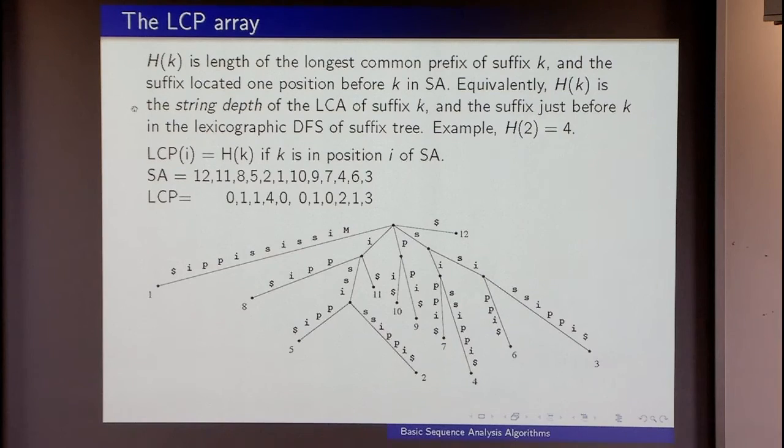I'll say it another way. I'm going to say this two or three times because it's the key thing. If you have the suffix tree, we get a suffix array from it by doing a lexicographic depth-first traversal. When you're doing that traversal, you come down to a leaf, 9, and you walk up to some point where you start going down again.